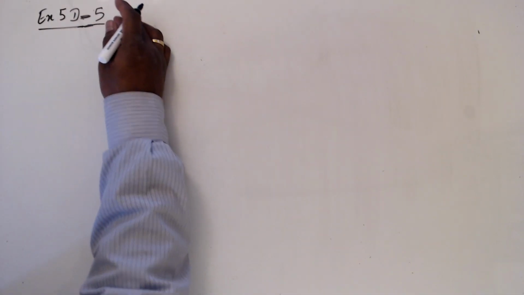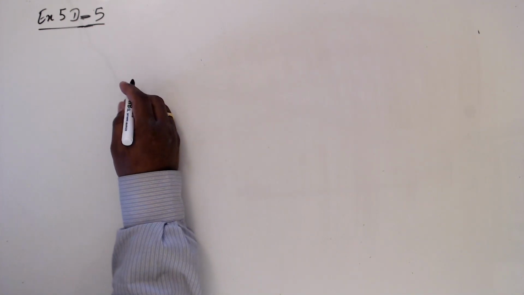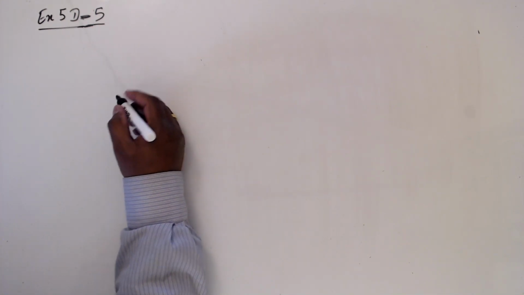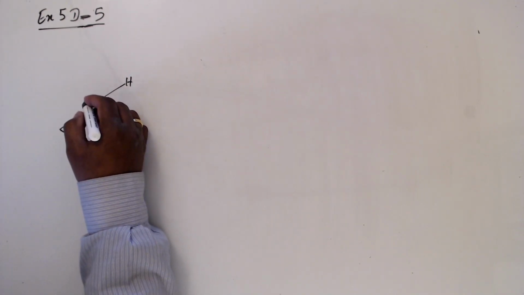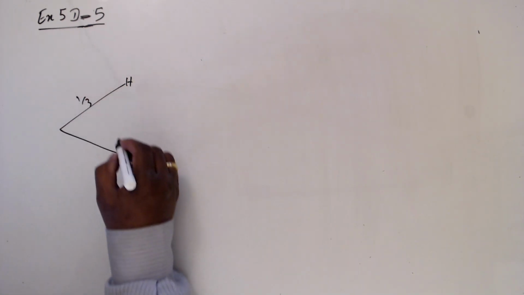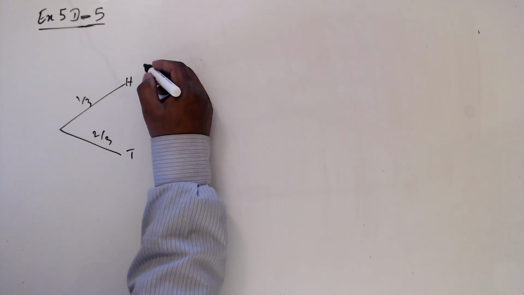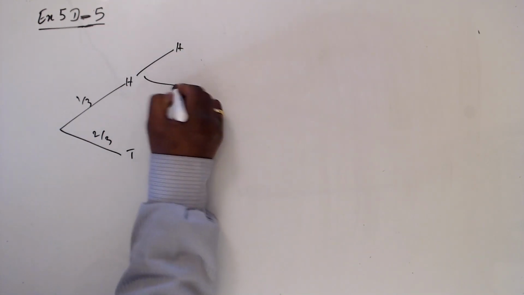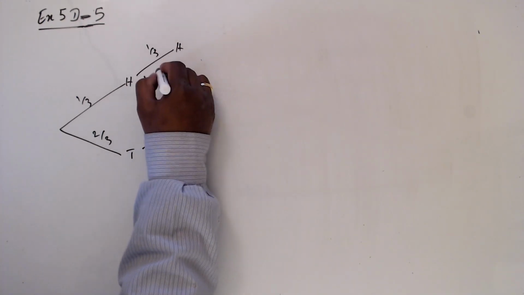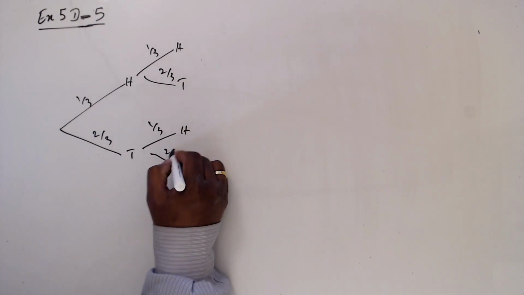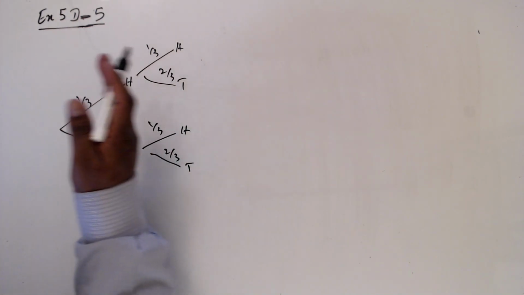Question number 5. It is a coin. It's not a fair coin, it is a biased coin. Getting head is 1/3 and getting tail is 2/3. The trial is 3 times: head and tail, head and tail. This is 1/3, this is 2/3, 1/3, 2/3. The second trial does not depend on the first trial.